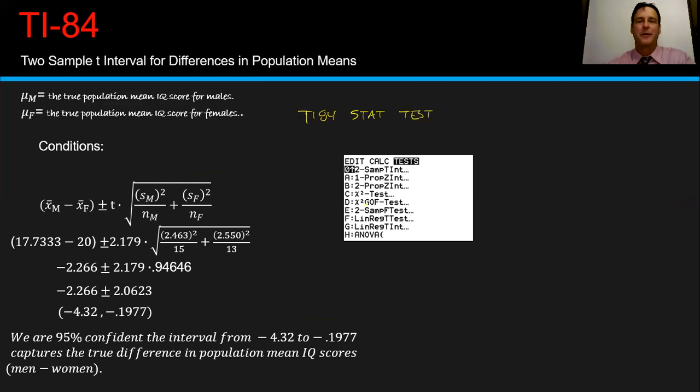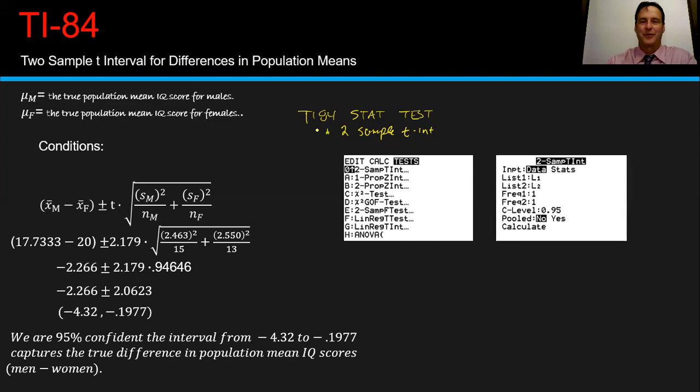And instead of going to 4, you're going to 0. So you're going to go to 0 and write that command. It's 2-sample t interval. That's a much abbreviated representation compared to what I have on the top. You could write this big long title if you like. Sounds a little bit better, a little more scholarly, a little more academic, but this would also work as well.